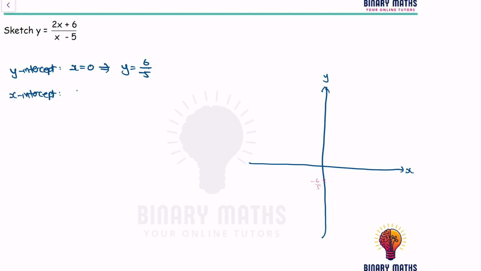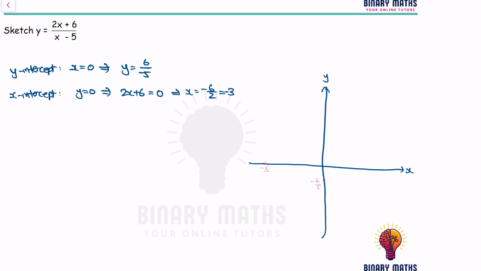The x-intercept is when y equals 0, which implies 2x plus 6 must equal 0, because the numerator has to be equal to 0, which means x equals negative 6 over 2, which is negative 3. So negative 3 is here, which is the x-intercept.